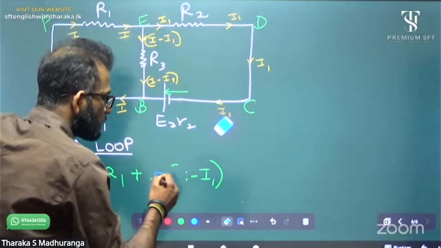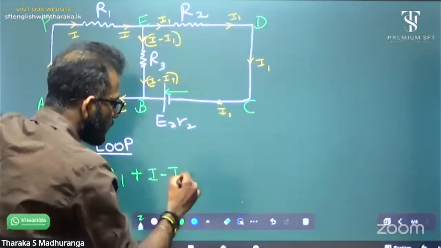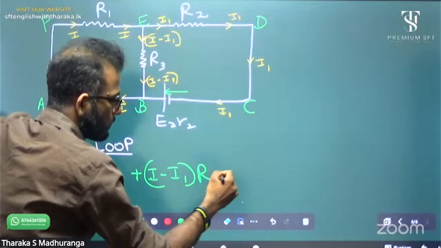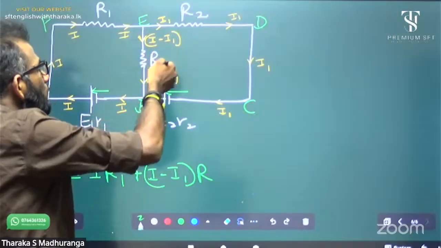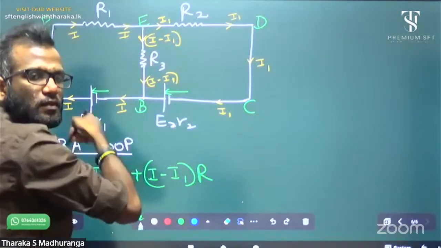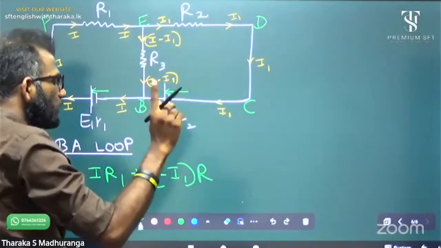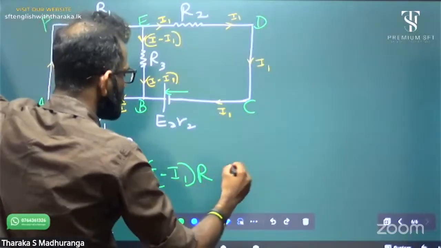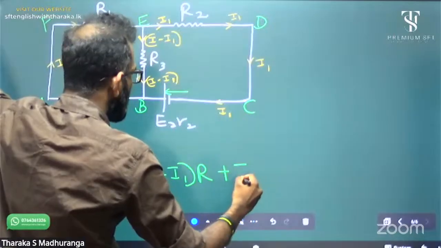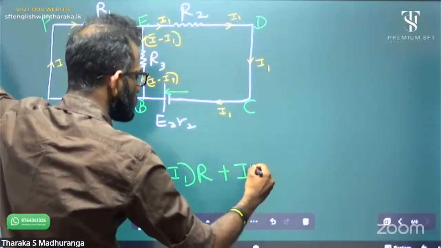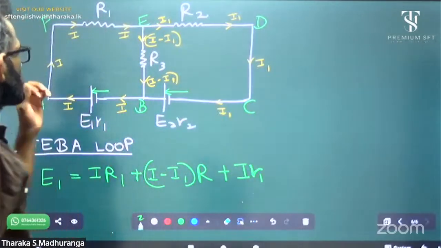Then again B to A, there is a simple R1 resistance. It's again I, plus because my direction and current direction are the same. I R1. That's all.